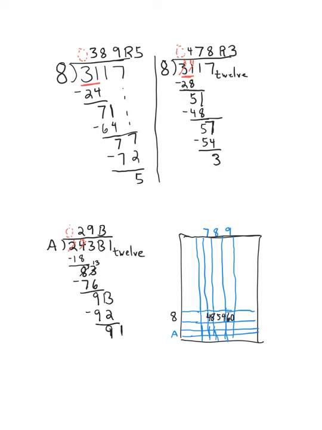And A goes into 9, 1, A times. A times A is 8, 4. And check when you subtract, you should see that you get a 9 here. And our remainder is 9, which is less than 10, less than A. So that's a fine remainder to have. So our final answer is 29BA, remainder 9.